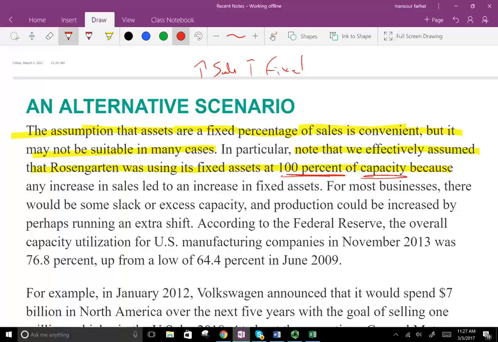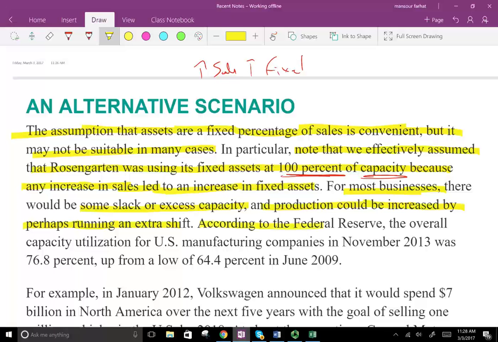That you don't need to buy additional ones. So we made that assumption. That's not necessarily true, because an increase in sales does not necessarily lead to an increase in fixed asset. For most businesses, there would be some slack or excess capacity, and production would be increased by perhaps running an extra shift.